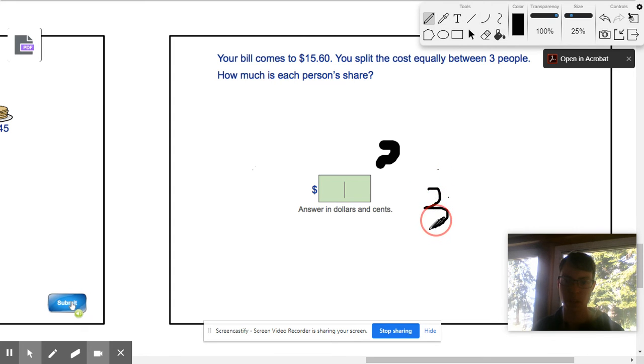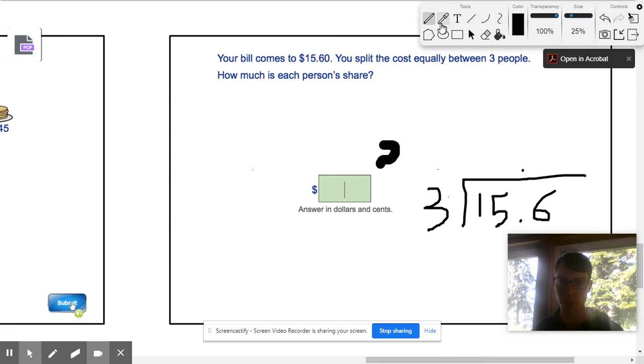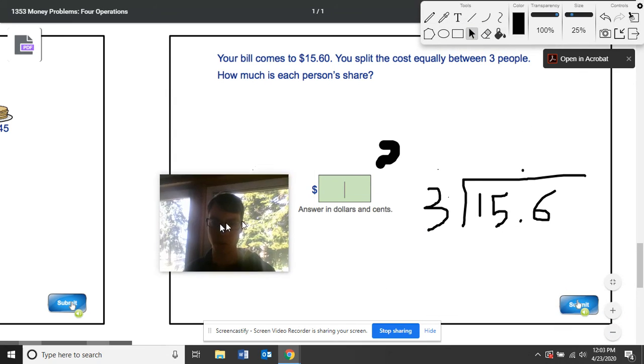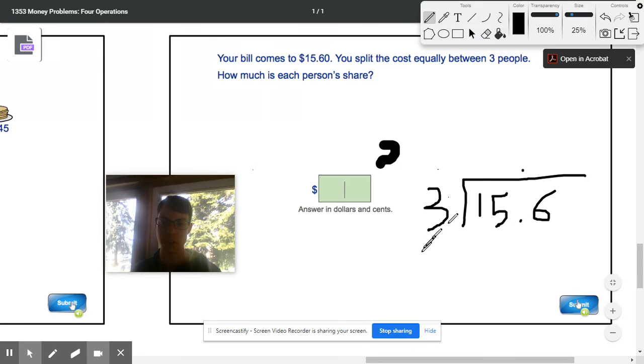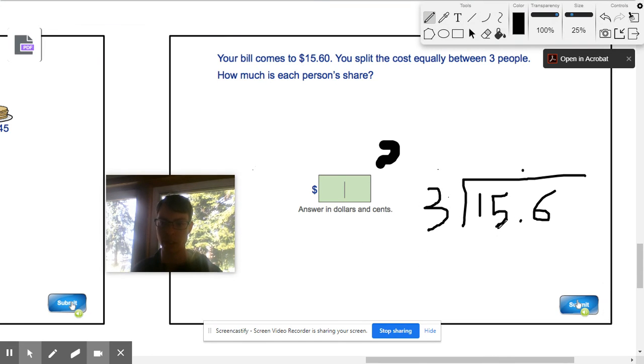And remember, when you're dividing by 3, you put the 3 first, and you divide that into 15.6. Okay? And that decimal shouldn't matter, right? And why don't we just do that math real quick? So 3 goes into 15 5 times. Okay? Total of 15.